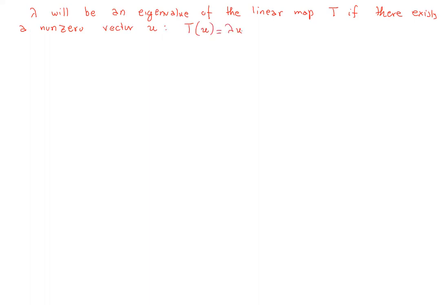So we're talking about vectors whose images are multiples of the original vectors themselves. The vector u will be called an eigenvector corresponding to lambda.